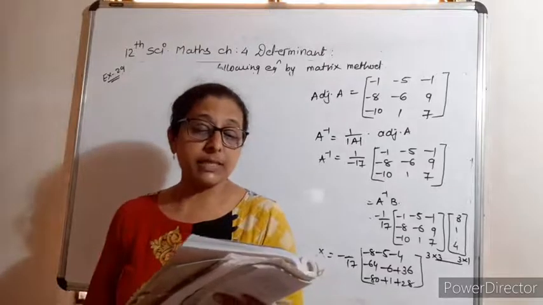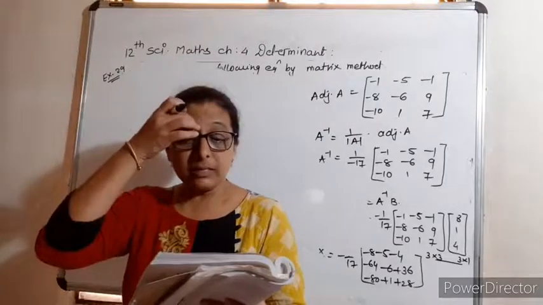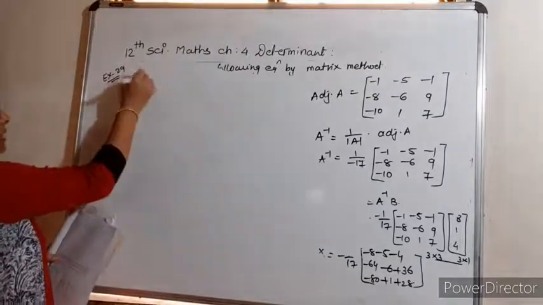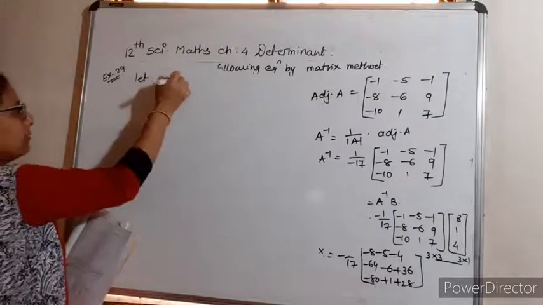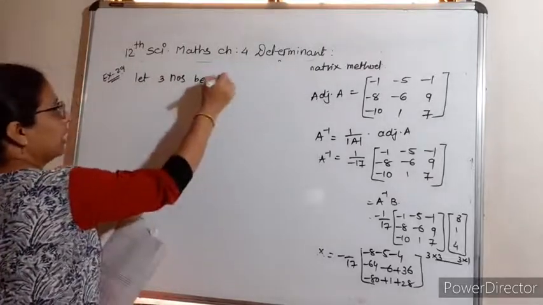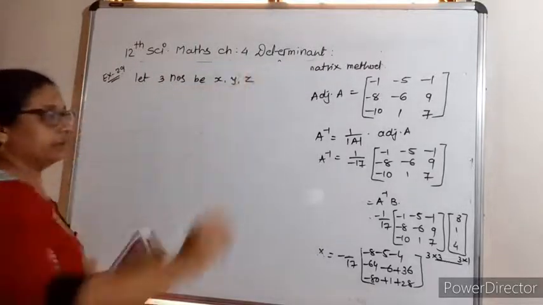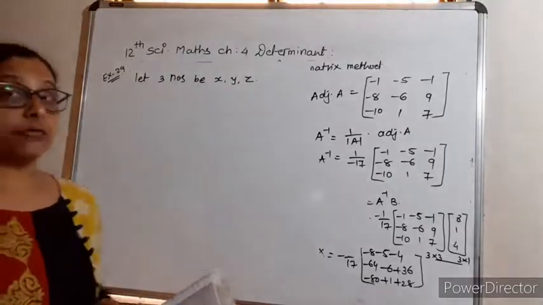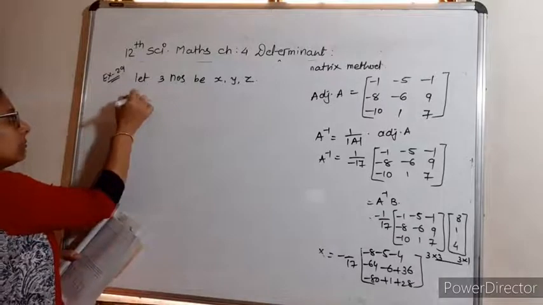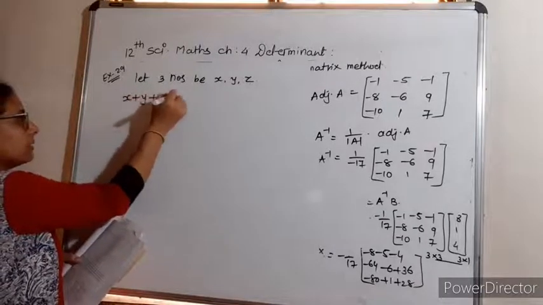So first of all, it is given that the sum of three numbers is 6. So here we will take, let the three numbers be x, y, z. The three numbers given are x, y, z. Now the sum of three numbers, that is x plus y plus z, is 6.